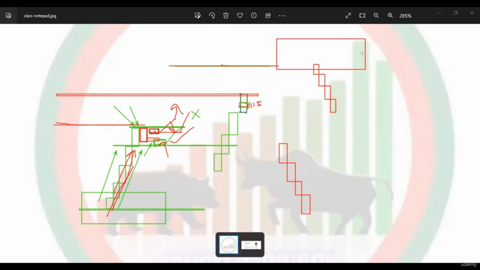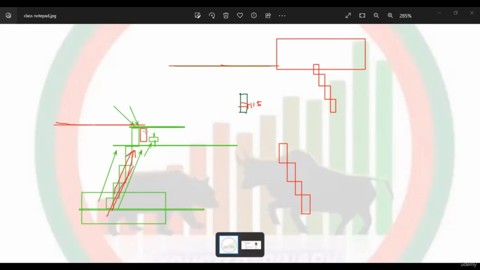Okay. So when you see any situation in this candlestick, is this pattern from the buyer side or the seller side? The buyer side.